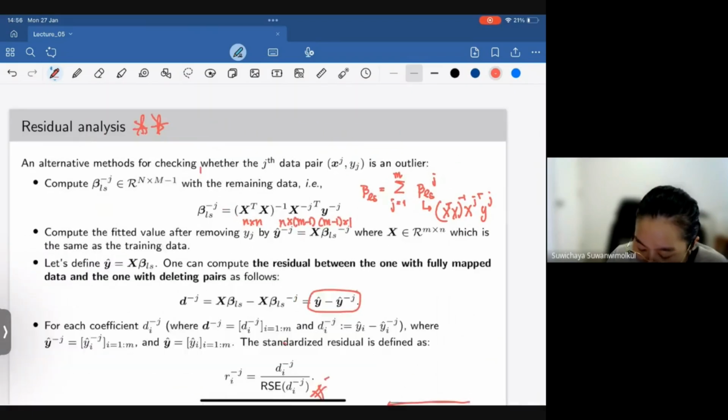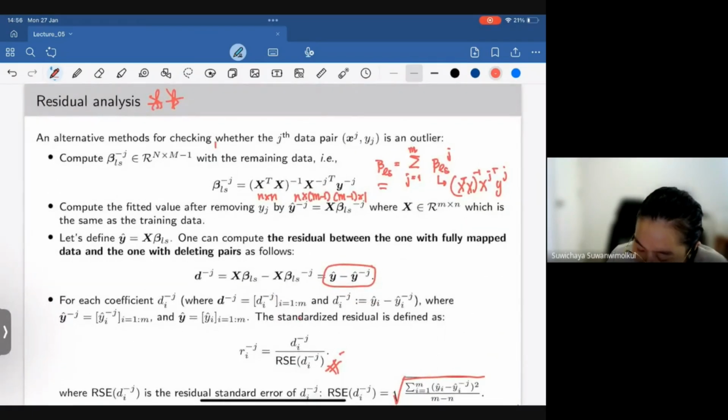So whatever we get as a beta j LS is a linear combination of when we select only one component within it. If we removed it, when you sum it all together, it will become the y hat that came from the beta LS anyway.